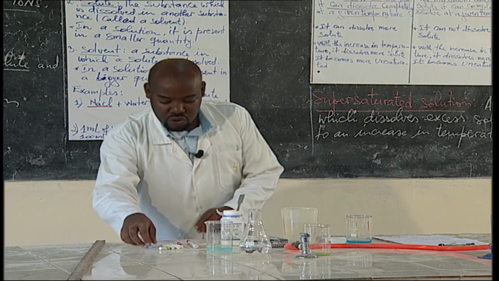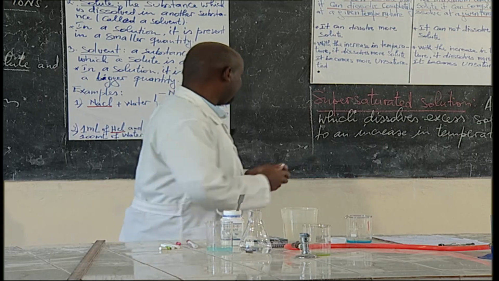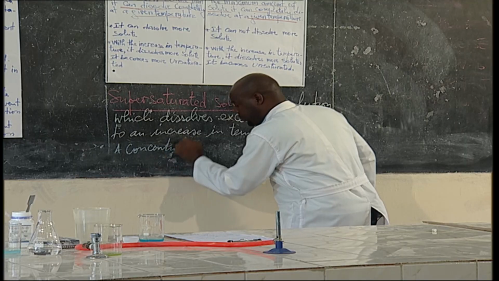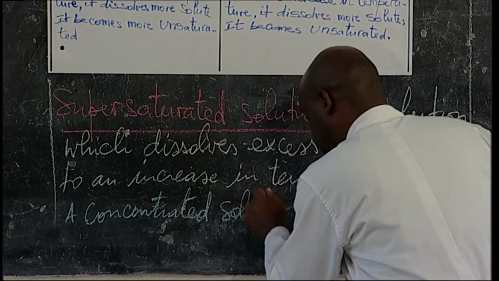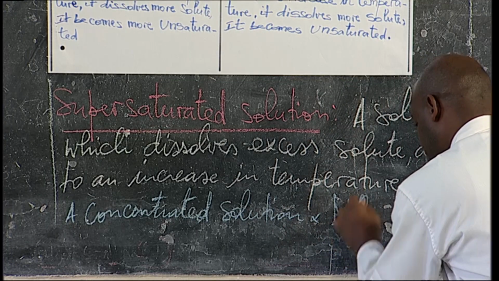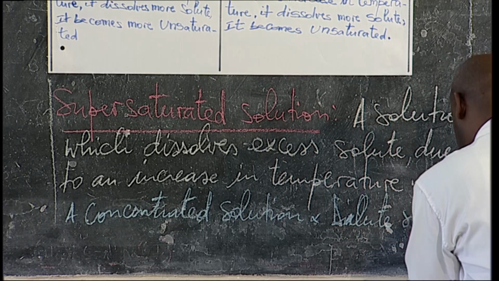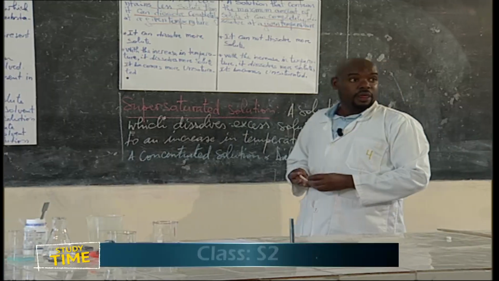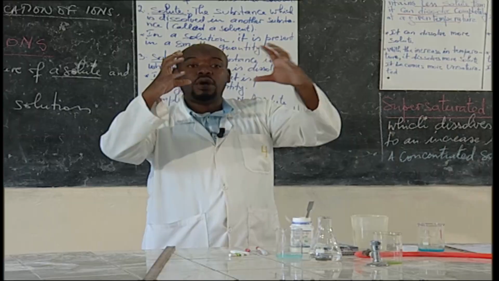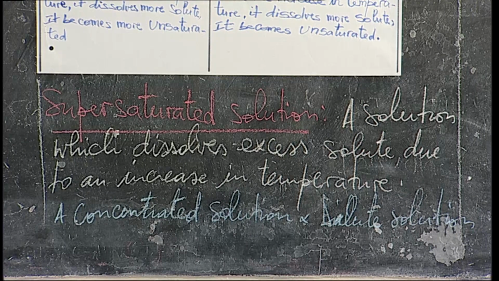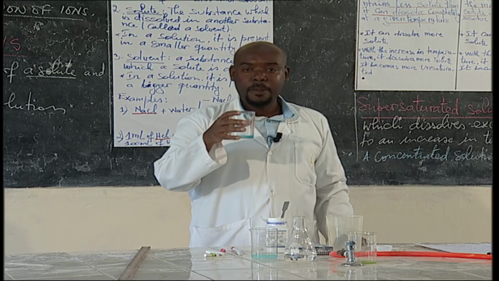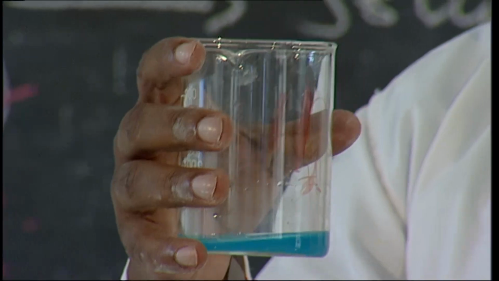The two types of solutions we can distinguish here are a concentrated solution and a dilute solution. A concentrated solution contains more solute. For example, here we have this solution which has a given amount of solute, X amount of solute.